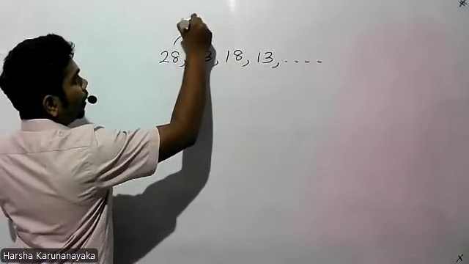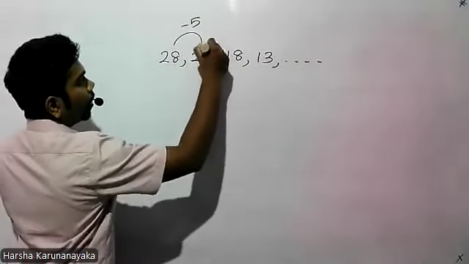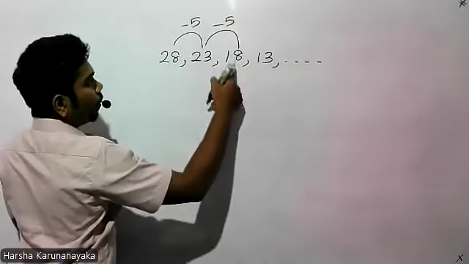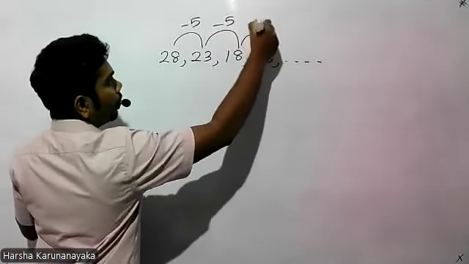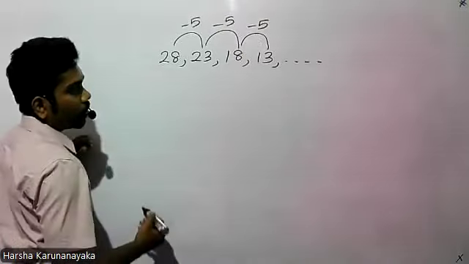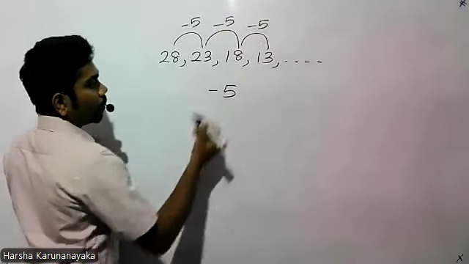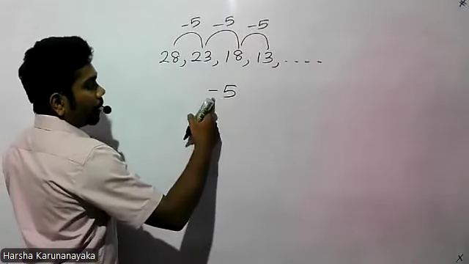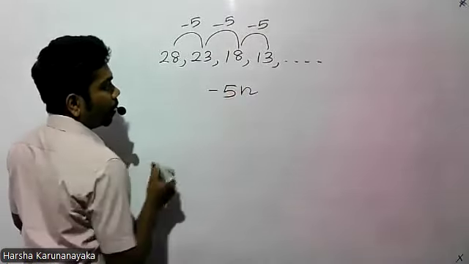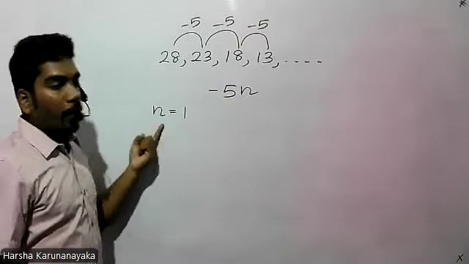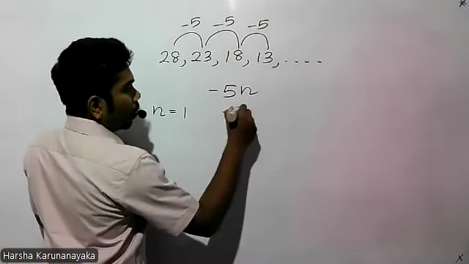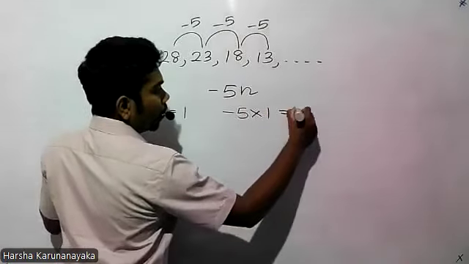28 minus 5 is 23. 23 minus 5 is 18. 18 minus 5 is 13. So you can get the common difference as minus 5. Then we write the general term as minus 5n. When I give 1 for n, minus 5 into 1 equals minus 5.